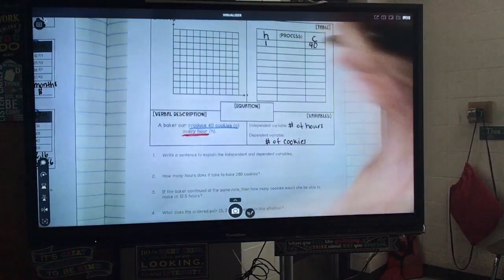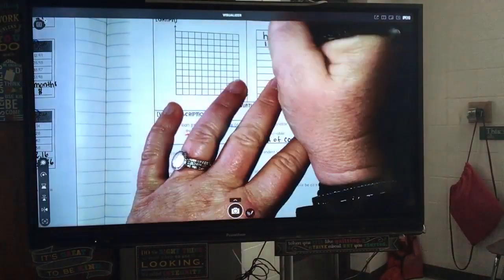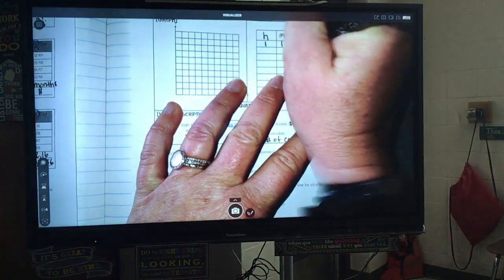Alright, so what is the process essentially that we do to figure out how many cookies we get? What technically did we do in our minds, but we really didn't realize we did? Lily? Times 40. Yes. So the number of hours, which is 1 times 40, gave us our number of cookies.